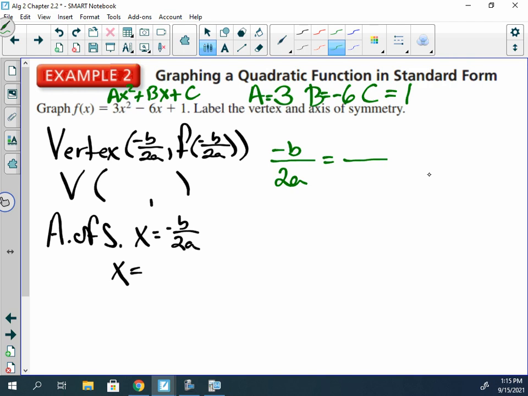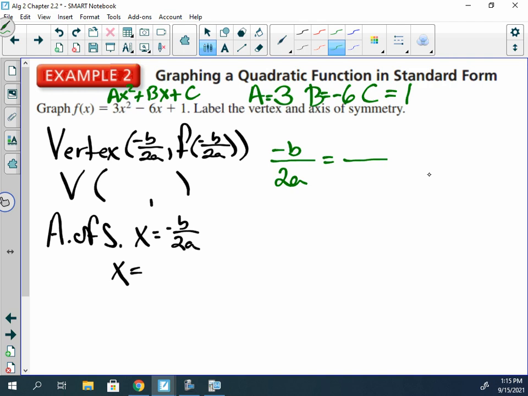Will the a variable ever contain x? Will it contain x squared? No. A is the number in front of x squared, so it's 3. B is the number in front of x, and since it's minus 6x, the value of b is negative 6. And the value of c is 1.